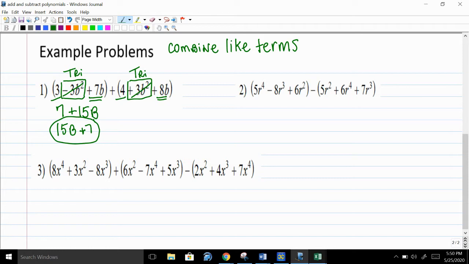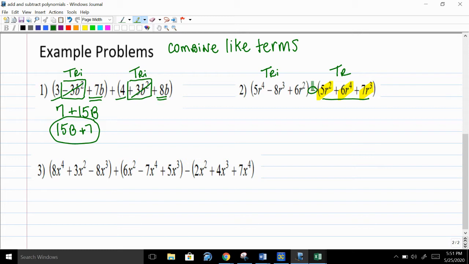Okay, subtraction. Remember that subtracting is the same as adding the opposite. So this is another example. I got a trinomial on the left, I got a trinomial on the right. Subtracting that trinomial is the same thing as adding the opposite. So really what that means, guys, is I'm going to make this term and this term the opposite of what they are.